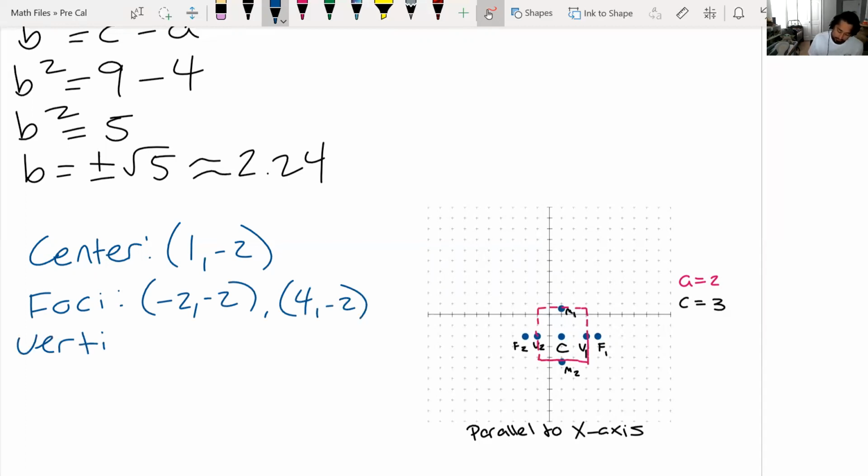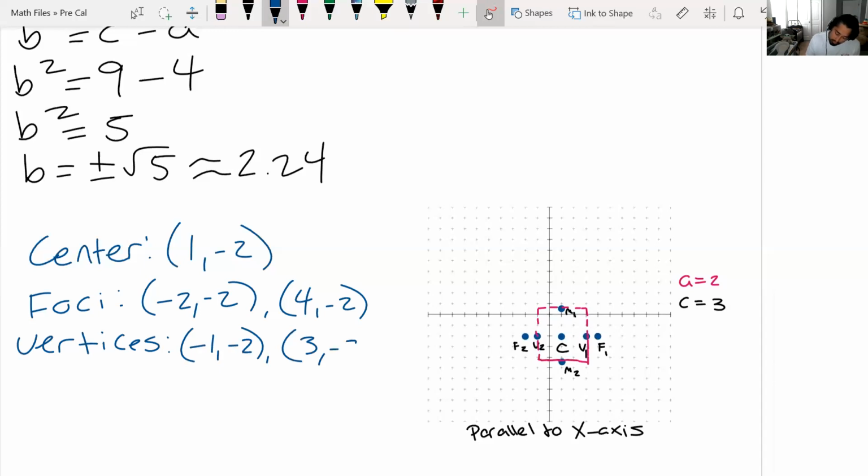My vertices are given at (-1, -2) and (3, -2). Sorry, not -1, -2, right?